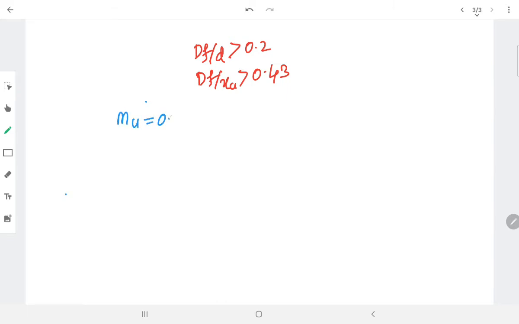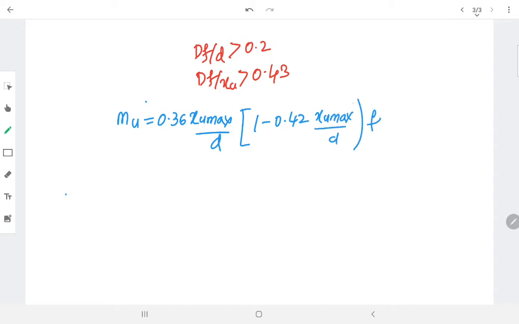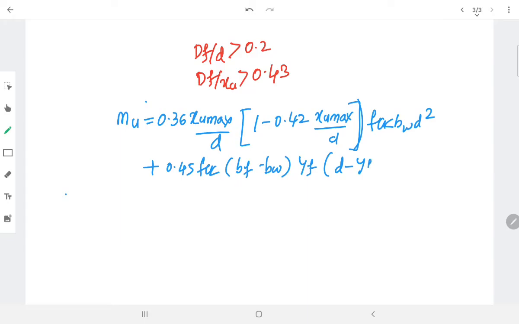mu is equal to 0.36 xu max by d bracket 1 minus 0.42 xu max by d into bracket fck bw d square plus 0.45 fck bf minus bw into bracket yf d minus yf by 2.